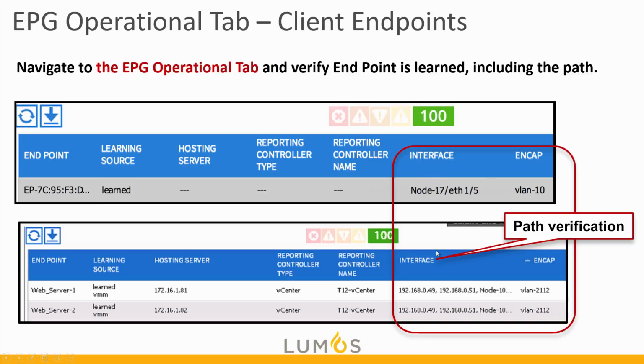So in this case, a bare metal machine with a particular MAC address, no IP learning was done, was seen on Leaf node 17, port ETH 1/5, and it was known because of either the port or possibly because of the VLAN. And of course, this is something that we would have configured on the EPG.